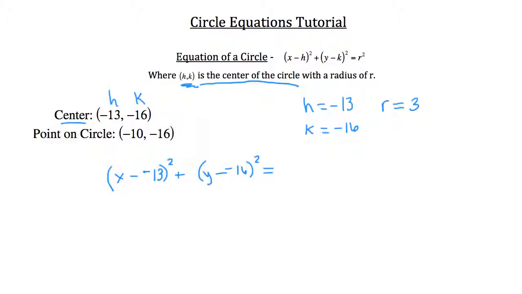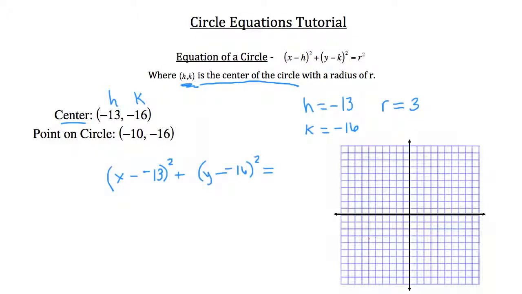I'll show you that on a graph. I'm going to go ahead and go by 2's on these units, and I'm going to go first to our center. So I'm going to go negative 13 to the left and then 16 down. I'll go ahead and plot a point here for our center. Now remember, a point on our circle was at negative 10, negative 16, so it's still down here at negative 16, but instead of being at negative 13 right here, it's going to go over 3 units to negative 10.